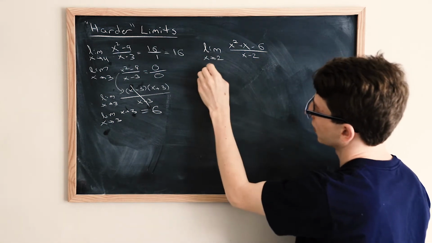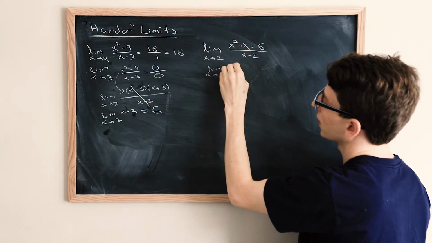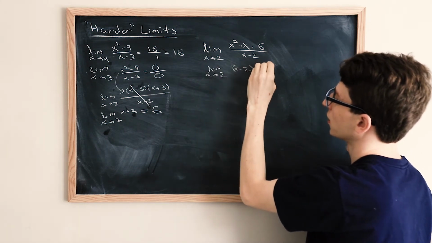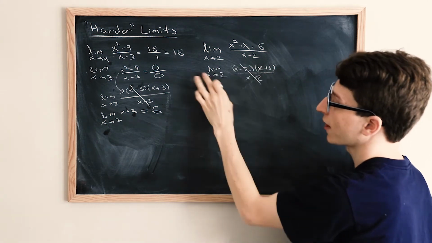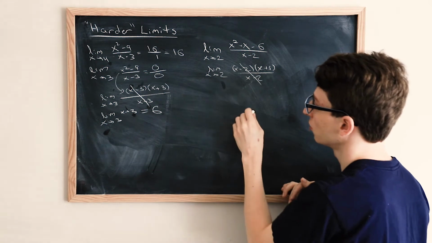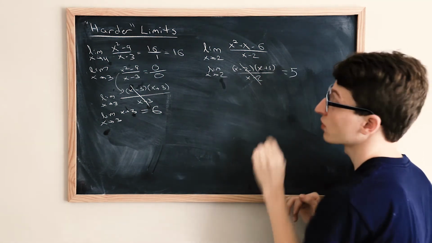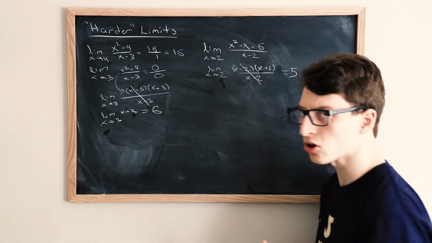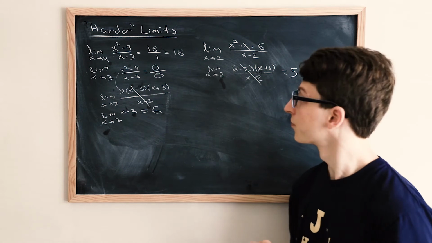But we can factor this again, and we're left with the limit as x goes to 2 of x minus 2 times x plus 3 over x minus 2. X is never actually equal to 2 when dealing with this sort of sequence that approaches 2. So now this is just plugging 2 into x plus 3, and we get 5. So all this works out a lot better now. We just have to think about factoring.